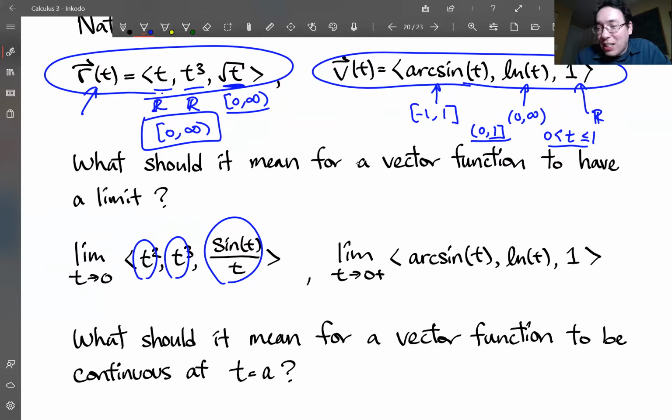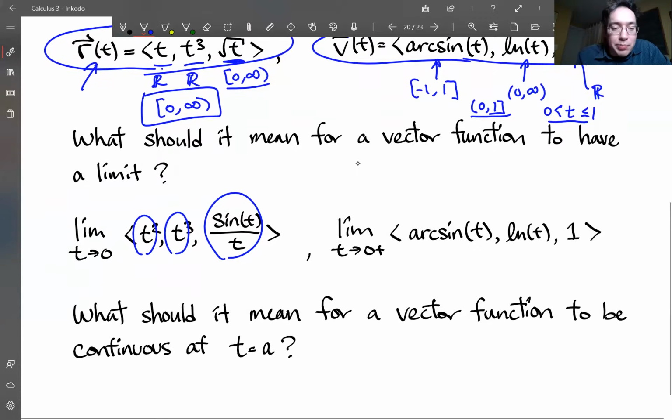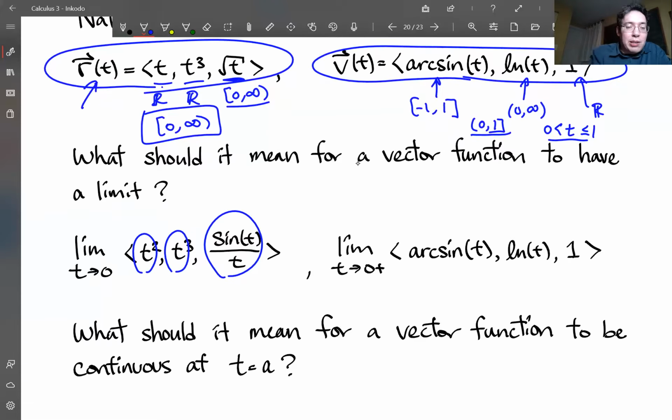Remember, a limit doesn't have to exist, right? Maybe they blow up to infinity, or maybe they oscillate, or maybe there's a jump. Sometimes the limit doesn't exist. So here, the limit of t squared is 0 as t approaches 0, because t squared and t cubed are polynomials, and they're continuous, so I can just plug it in.